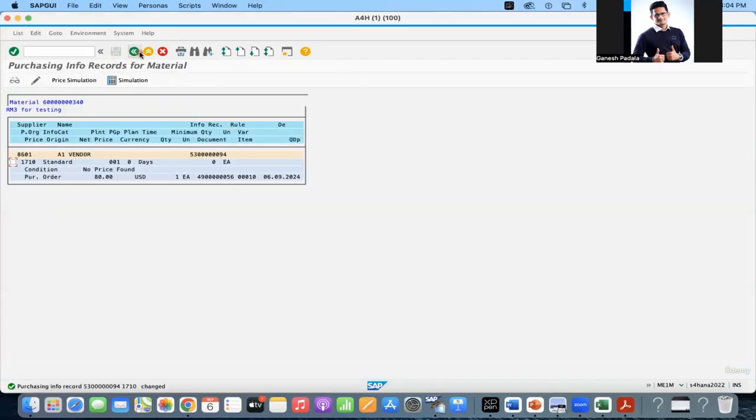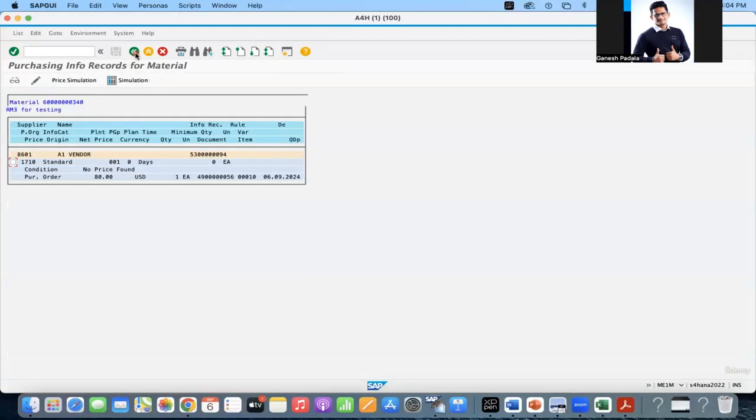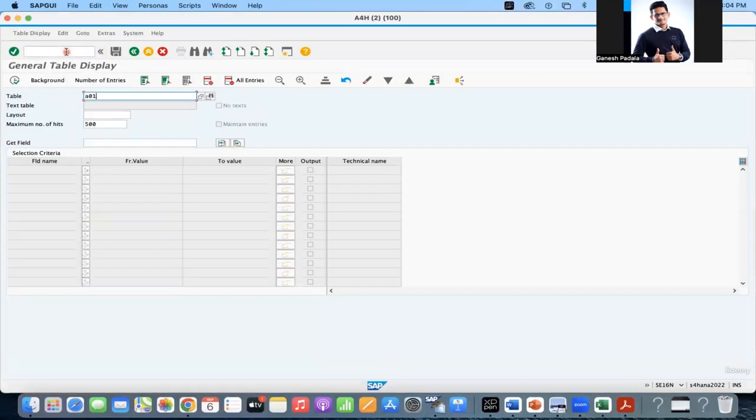So now we wanted to get these info record details. How to get that? This is plant specific or purchasing organization specific. Based on those details, you can get it. Anyway, go to table A017.